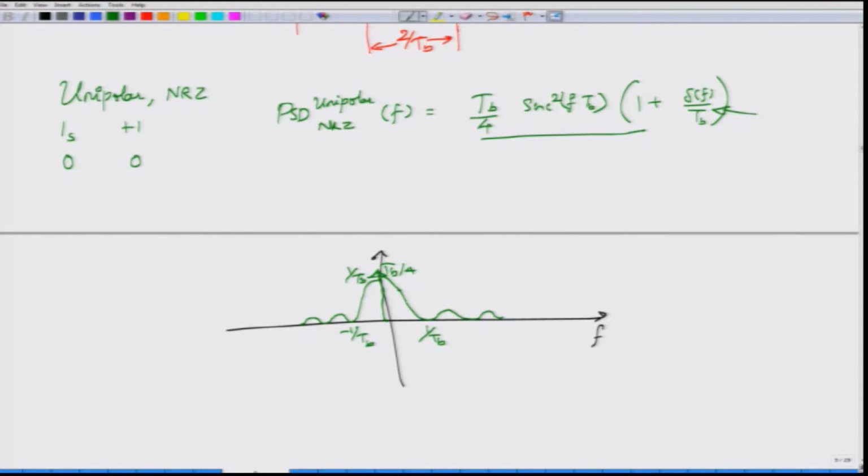For the unipolar RZ format with a 50% duty cycle, you do get this behavior. In addition to this, the amplitude of course is smaller because there is a factor sitting there for the RZ.